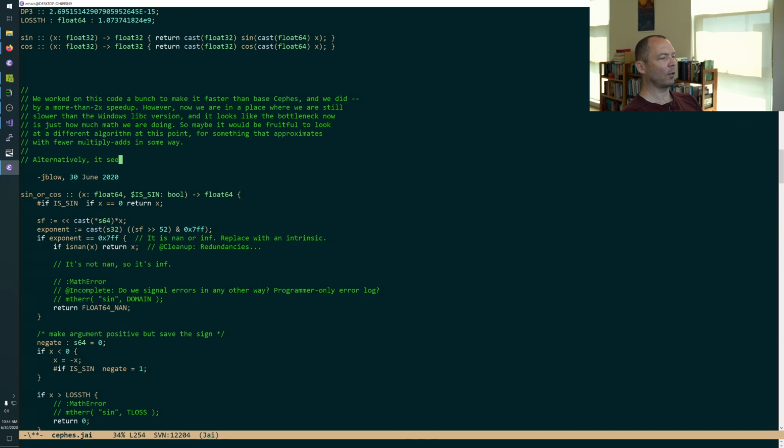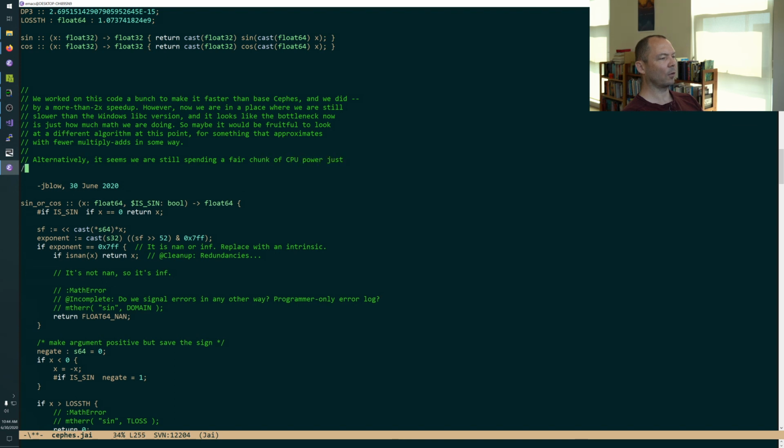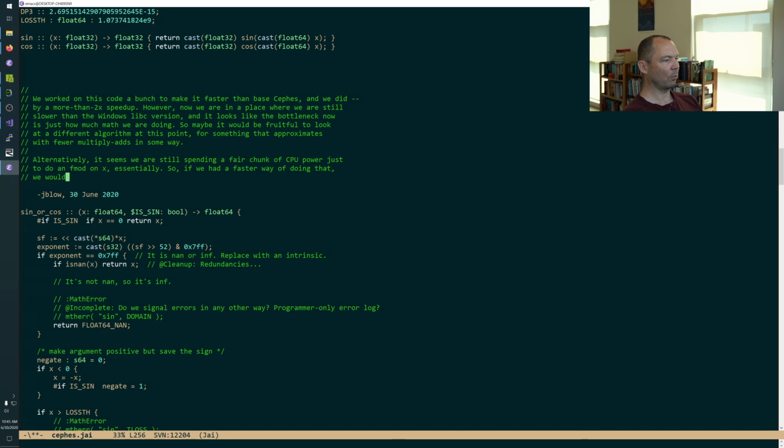Alternatively, it seems we are still spending a fair chunk of CPU power just to do an fmod on x, essentially. So if we had a faster way of doing that, we would be pretty good.